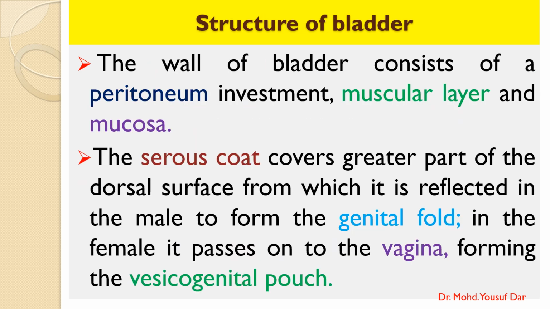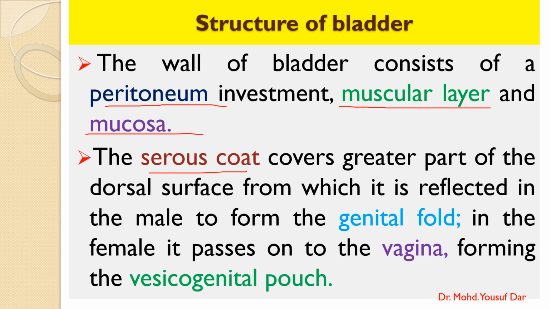Now coming to the structure of the urinary bladder. The wall of the urinary bladder has the outer layer, the peritoneum, then a muscular layer, and the inner mucosa layer.